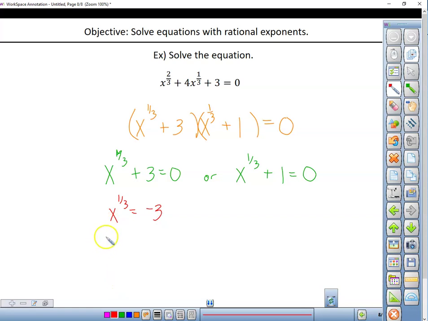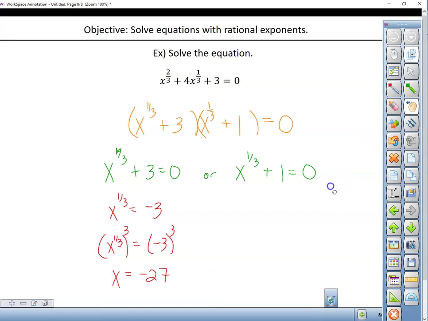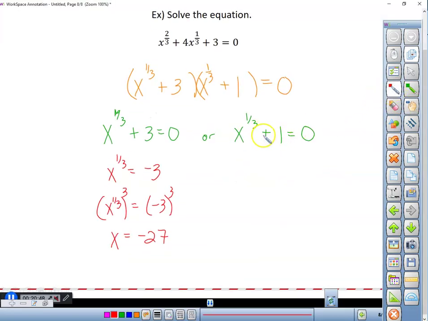Then we'd undo the exponent, raising both sides to the reciprocal power, which would be 3. This gives us x to the first power, which is x, and negative 3 times itself 3 times is negative 27.